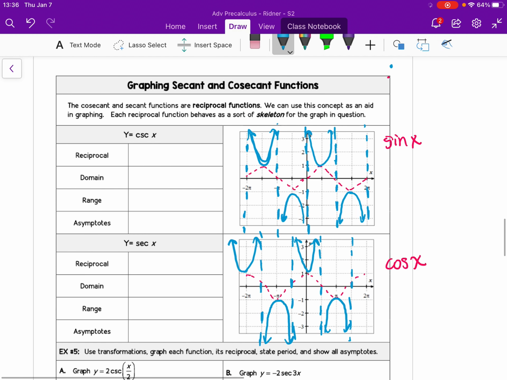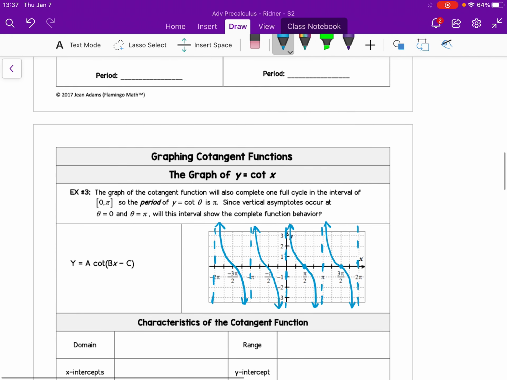But these are the basic ideas of how the graphs are created, because I think sometimes in higher level maths, we forget that a graph has to do with algebra and plugging in numbers. That's how we get the graph, by plugging in a number and getting the output. So the input and the output create that graph. This table at the top is really helpful.